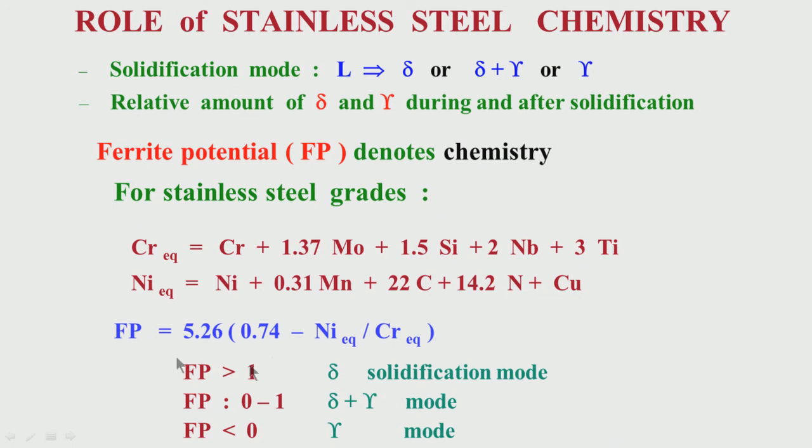If the nickel equivalent by chromium equivalent is more than 0.74, then this ferrite potential is negative, less than 0.